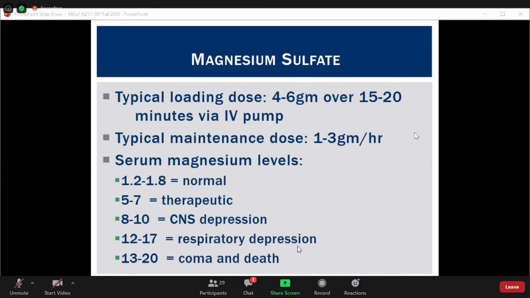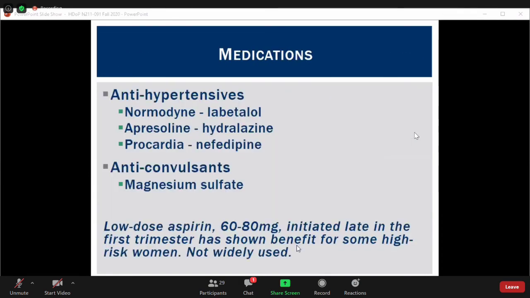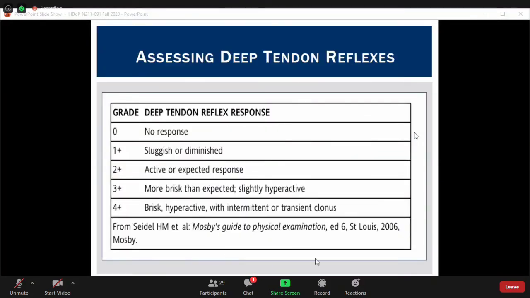So any patient that's on magnesium sulfate, you have to keep your reflex hammer with you. Every time you go in, you have to check these reflexes. Because once you see the patient, let's say that patient that we had that was +4, a few hours later, she's +2, that's okay. We want her there, but we don't want her getting to +1 because that means that she's becoming toxic from the medication, all right?